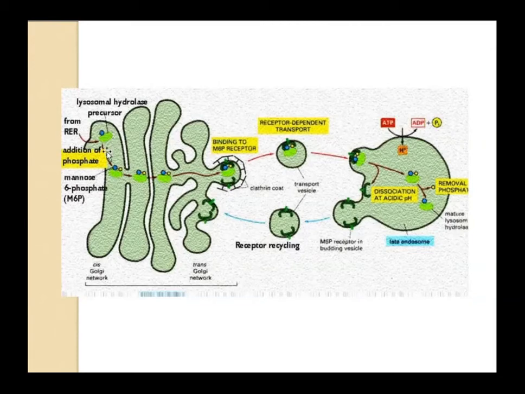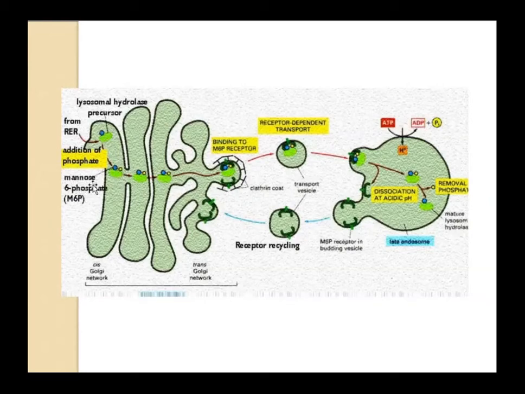The proteins destined to enter the lysosomes are produced in the RER. But these lysosomal enzymes need some additional group. This group is called the mannose 6-phosphate group. Here, colored blue, we can see the additional group for the lysosomal hydrolase precursor.